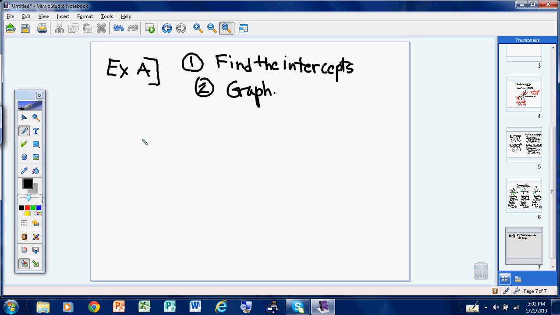Okay. All right, this is the equation that we're using. It is y equals 6x squared minus 6. Well, if we're looking for intercepts, that means we're looking for both the x-intercepts and the y-intercepts. Notice I'm going to abbreviate this as int.